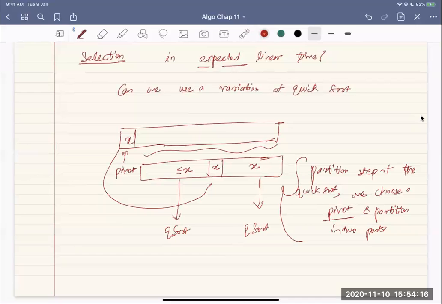Now, with this much of recap of quicksort, can you think what is something in quicksort that can be helpful? You see, what is the good thing about the partitioning step? As a result of the partitioning step, x comes in its correct place for the final sorted array.